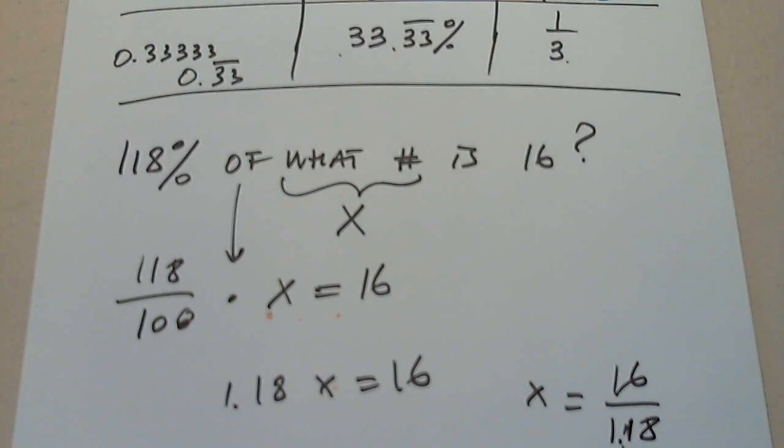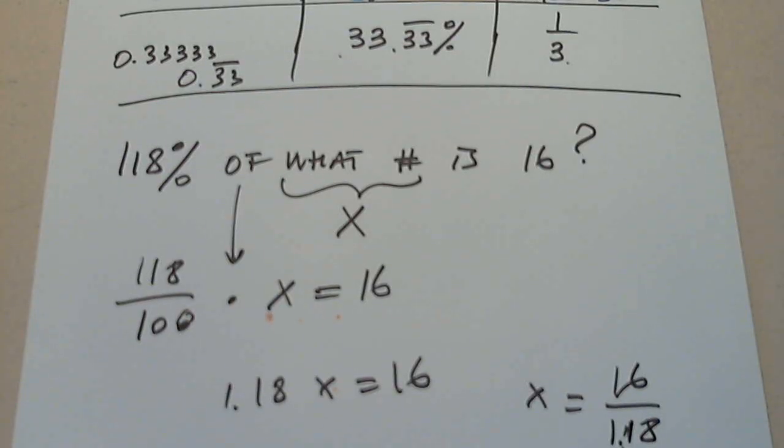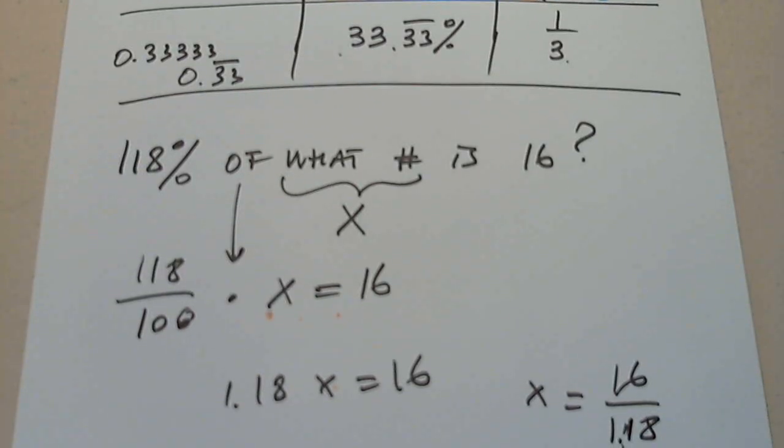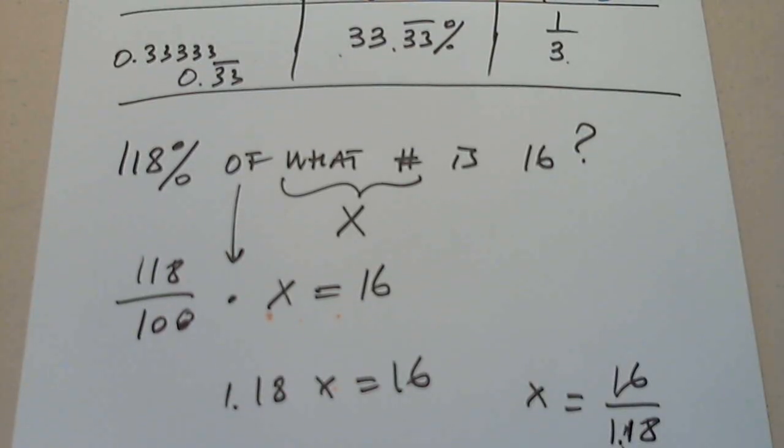So when we divide this, let's verify what we get here with the calculator. So 16 divided by 1.18. So we got 13.56. Good. Okay.